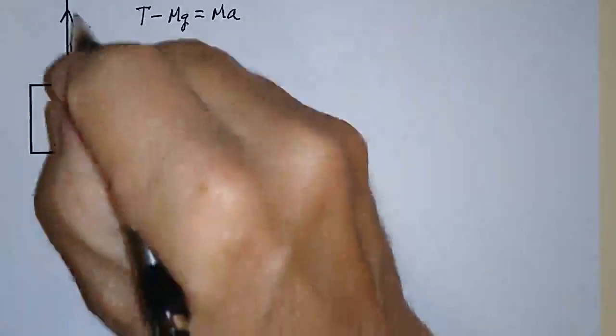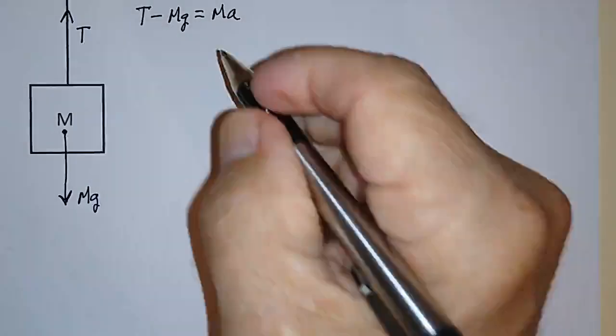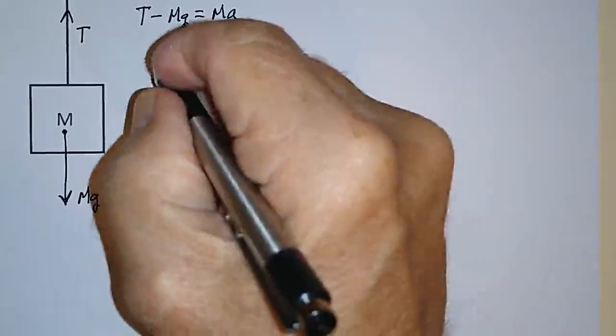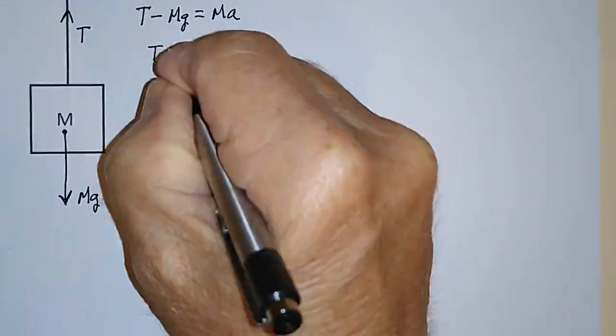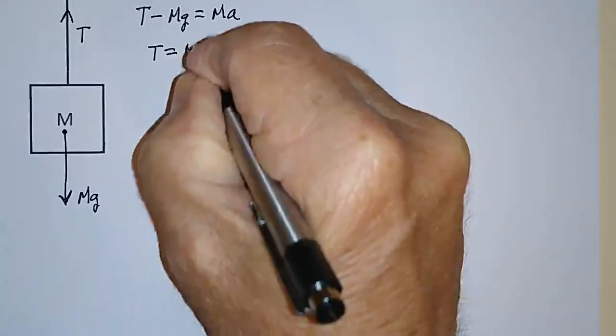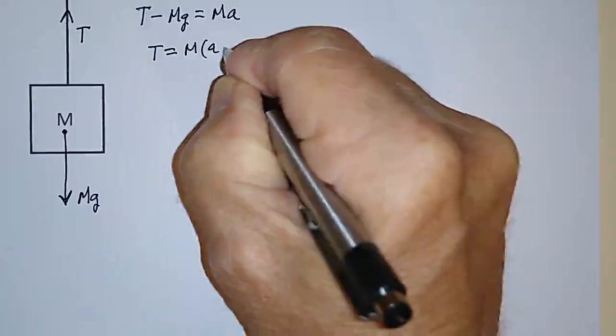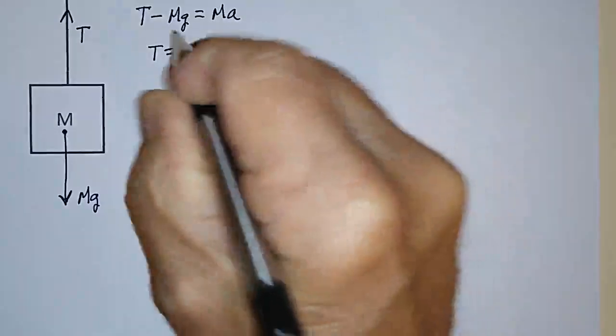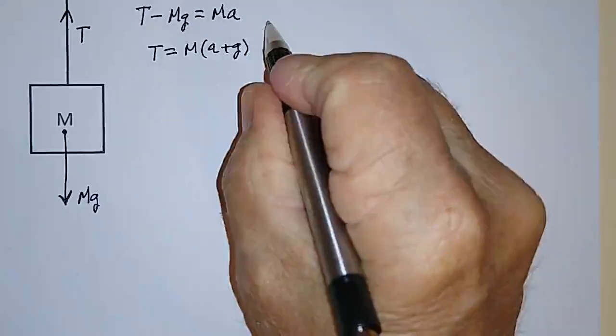Whatever the direction it's accelerating, that's positive. So the tension can be written simply as m times (a plus g), moving this term to the other side of the equation.